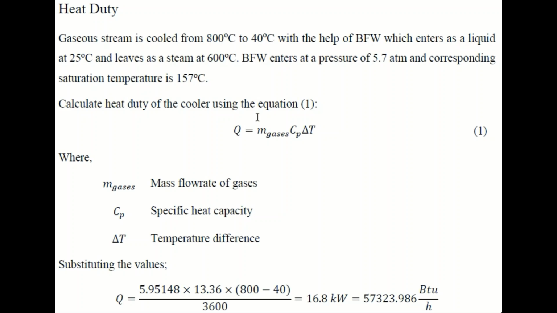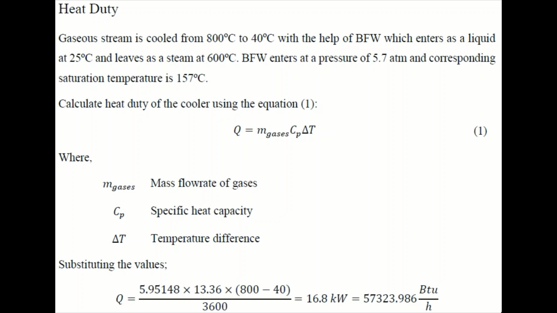No matter what the type of exchanger, cooler or heater, the first step is to calculate the heat duty. For that, the formula is Q equals m Cp delta T, where m is the flow rate of the stream, that is gas here, Cp is the specific heat capacity, and delta T is the temperature difference, which is 800 degrees Celsius minus 40 degrees Celsius, which comes out to be 760 degrees Celsius.